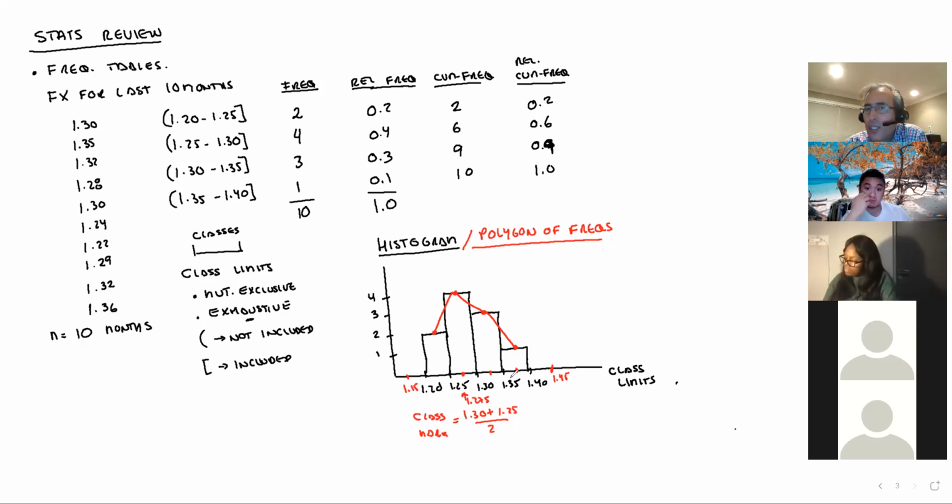These are artificial classes. Then you create the middle point, the class mark, this point here, and then you finish your Polygon of Frequencies like that. Make sense? These two, 1.45 and 1.15, are artificial classes.